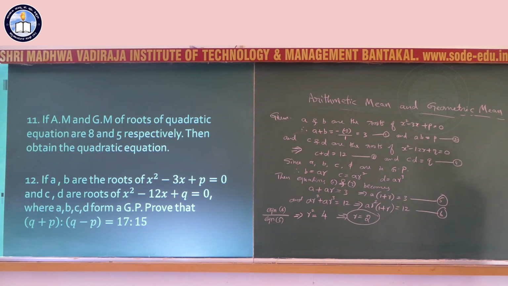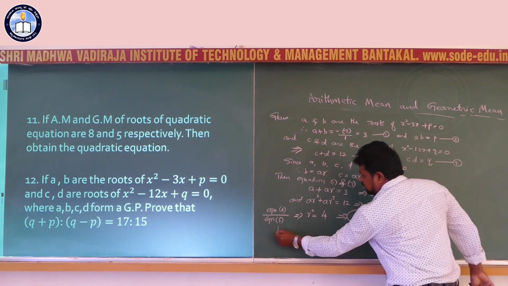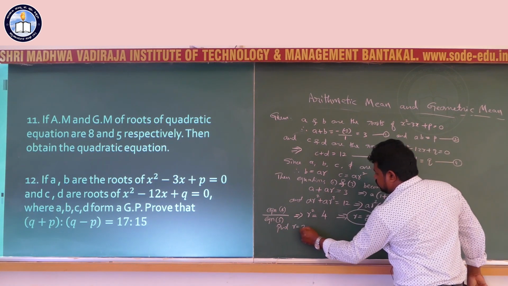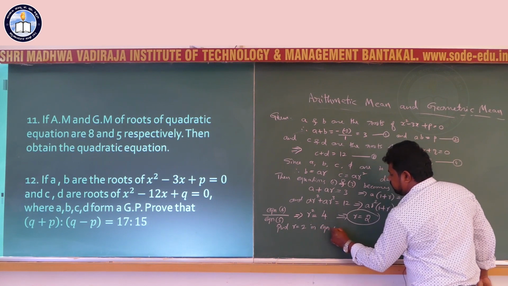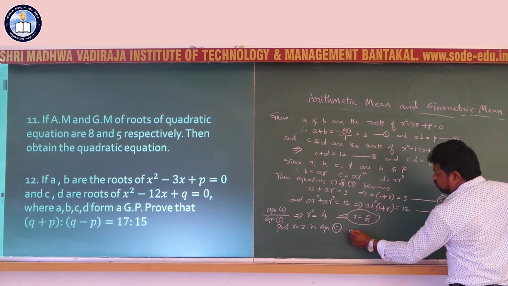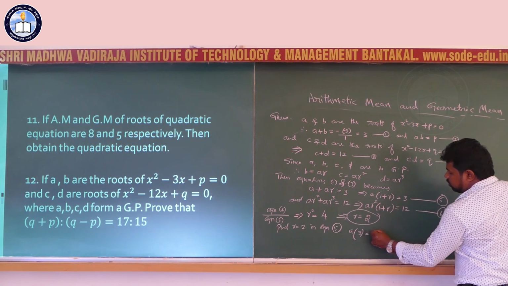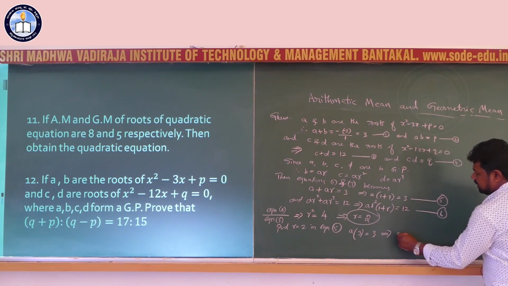Put R equal to 2 in equation 5. A into (1 plus 2), 3, equal to 3. It implies A equal to 1.